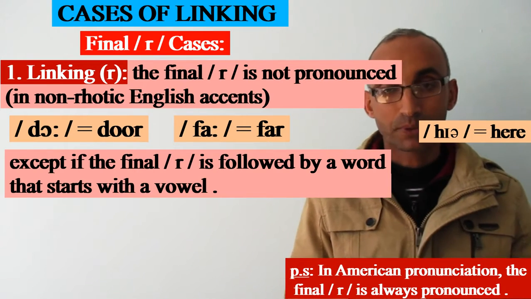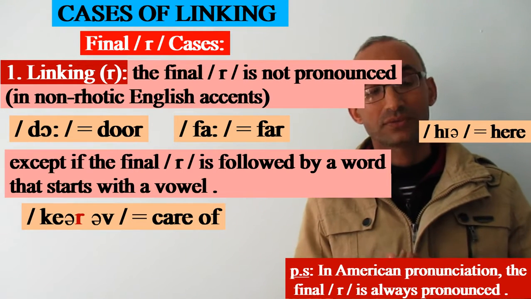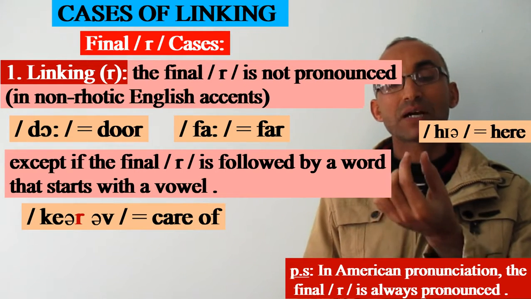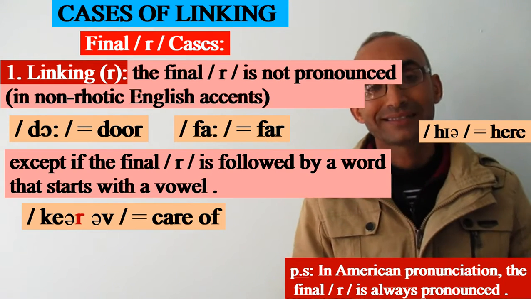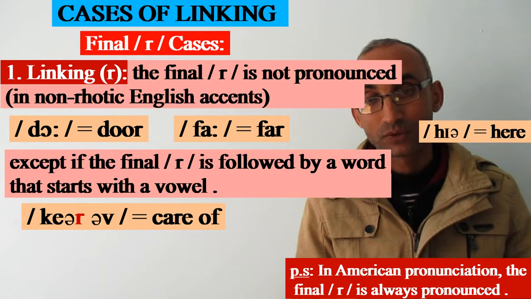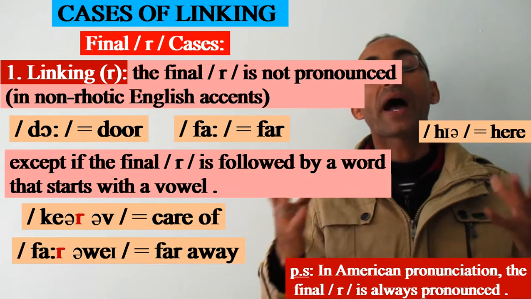Right. Example: "care of." At the end, I have the sound or letter R and "of" starts with a vowel, so I'm pronouncing the R. It's linking R here. Clear. Also, I have "far away."